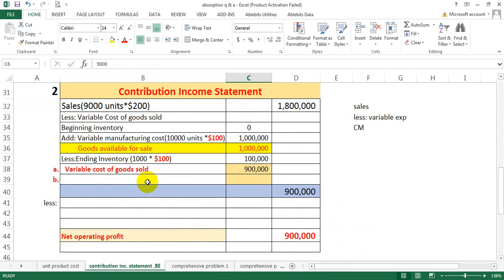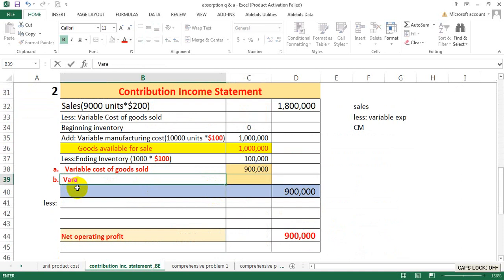So my variable selling and admin expense becomes... 9,000 units sold, right?